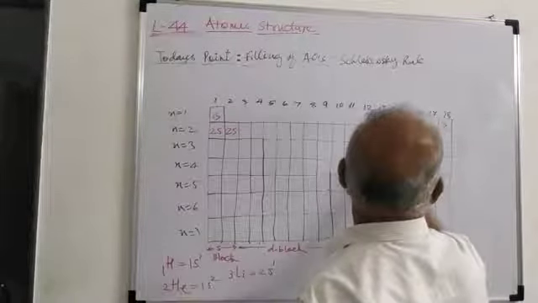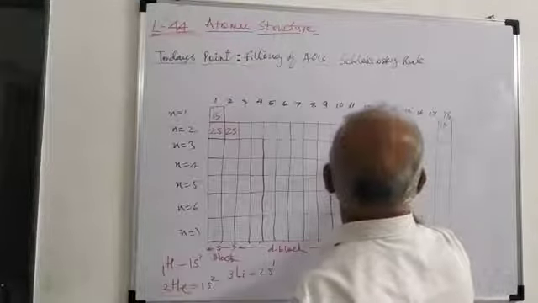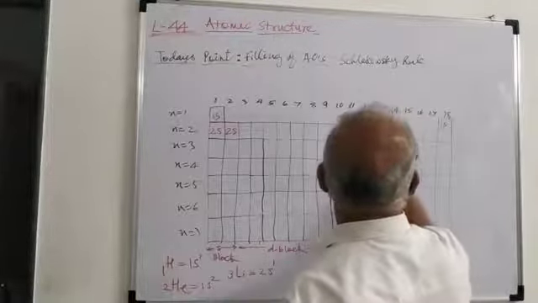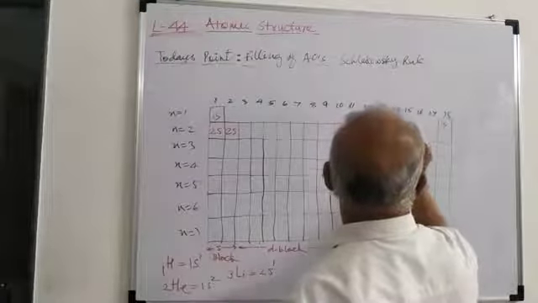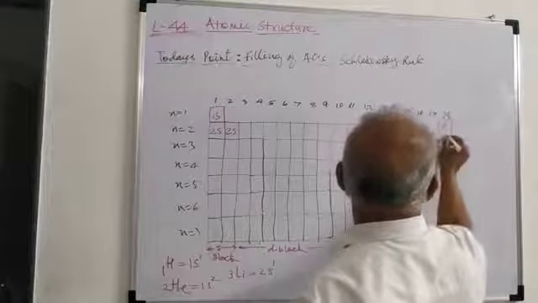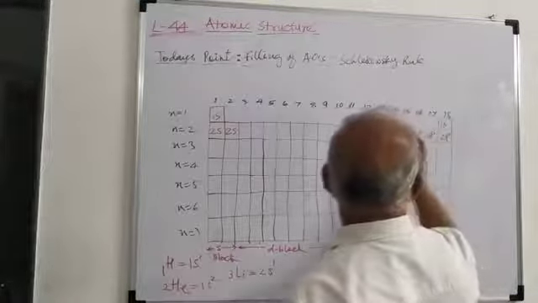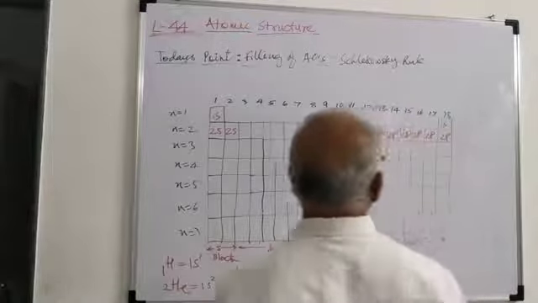Here we will show that the 2p orbitals should be filled first. These 6 places are filled progressively.